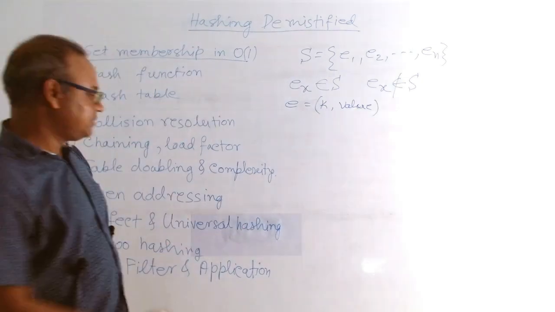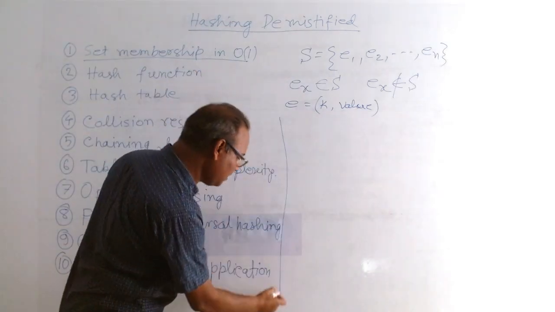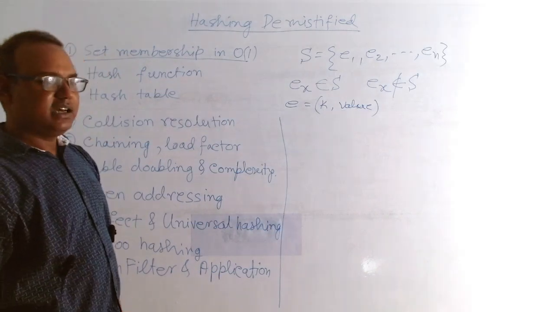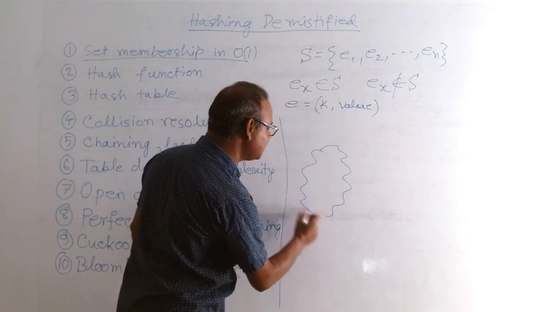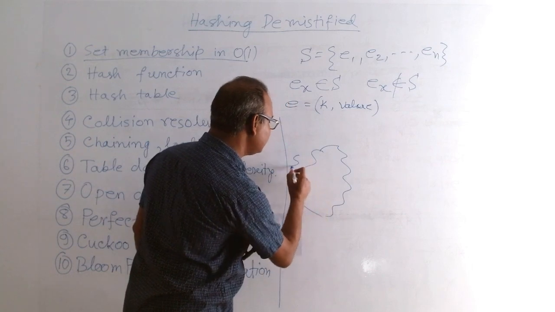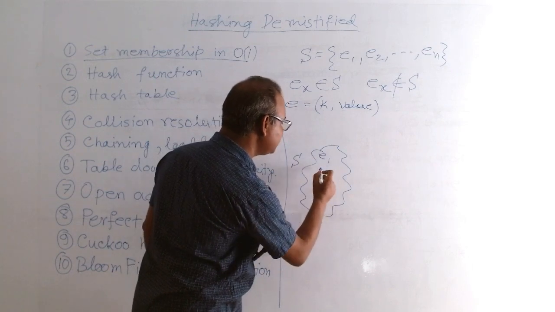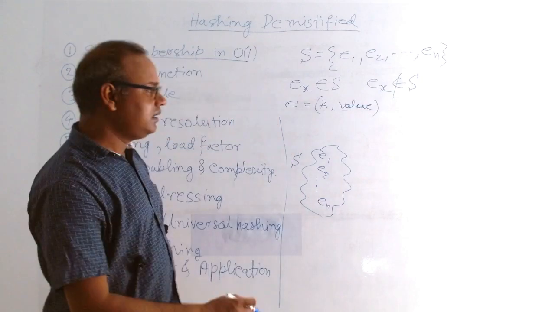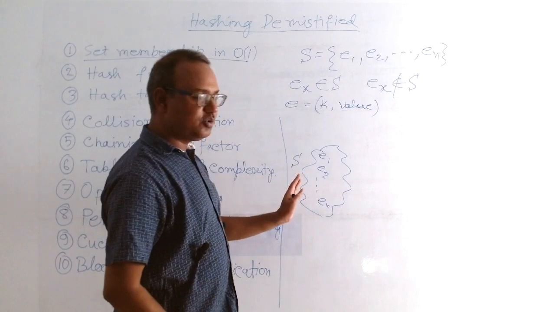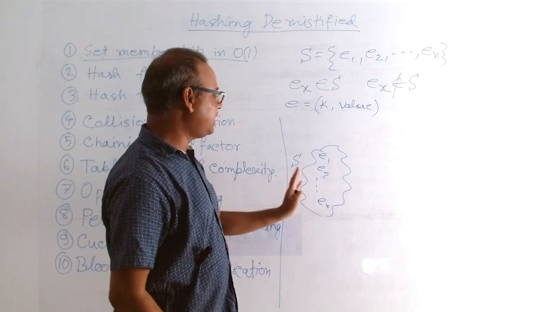So a simple idea of a hash table is, suppose this is our set of elements S, which contains all the elements E1, E2, En, and we have to create a data structure to find this element.